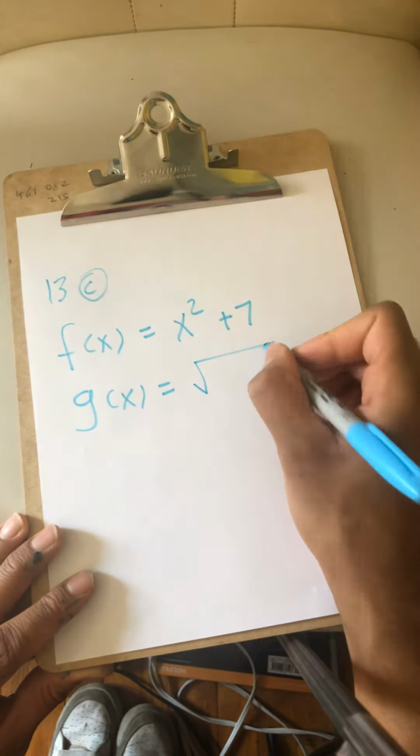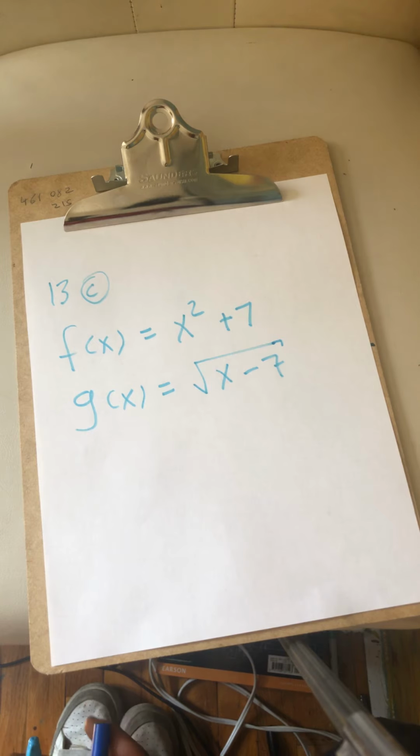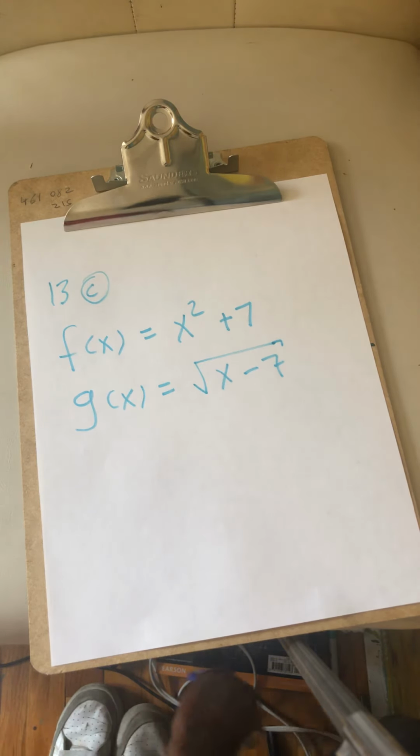You should see a pattern here, by the way, as far as inverses go: when you have some square and some square root, then obviously you're dealing with inverses, because these are inverse operations, so to speak, or inverse processes.